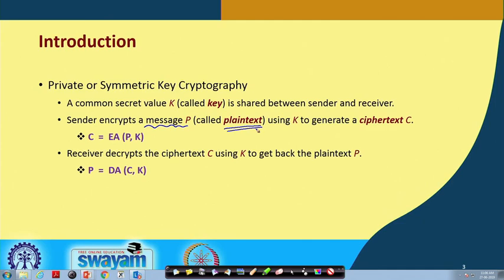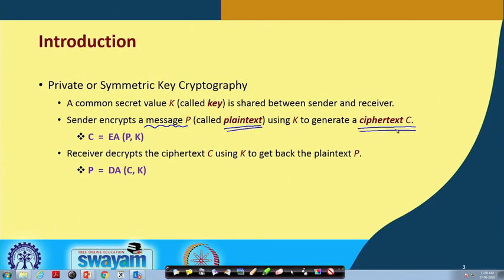I try to encrypt my plain text or message into something called ciphertext. Ciphertext is something which is garbled, and if an intruder manages to even get hold of it, will not be able to decode what is the actual message that is flowing through.